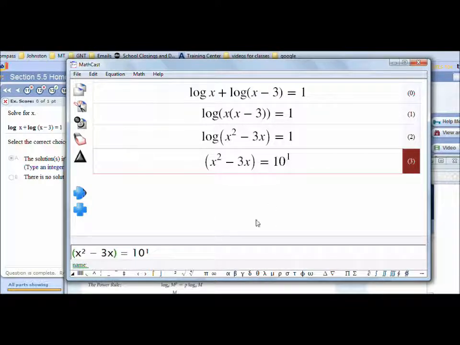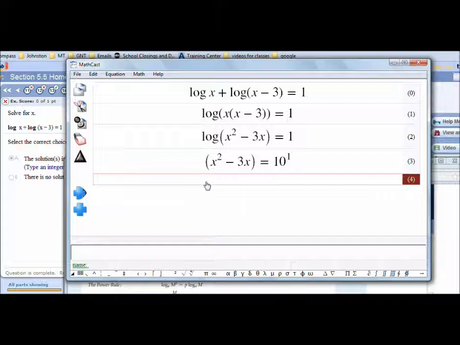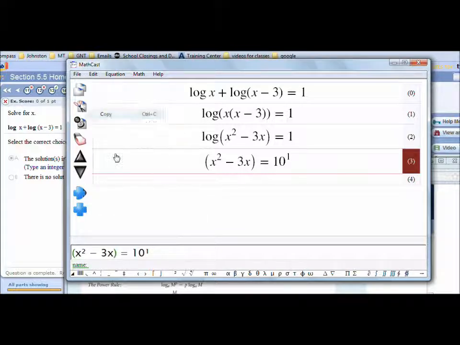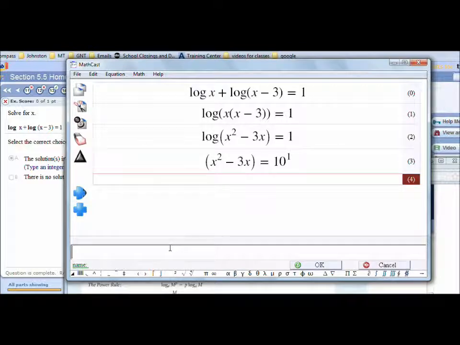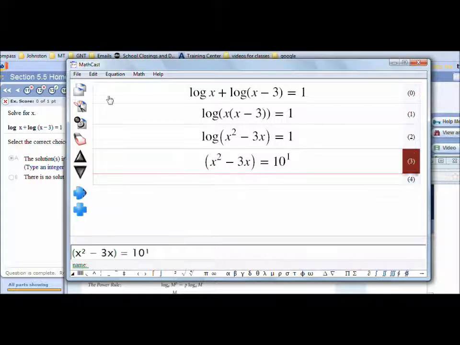Okay, so what do I have left here? Now it's going to turn into an algebra problem, because all the logs are gone, all the misery of logarithms gone, and all it is going to turn into is a factoring problem. So let's edit, copy, and let's paste it here. Edit, copy, edit, paste.